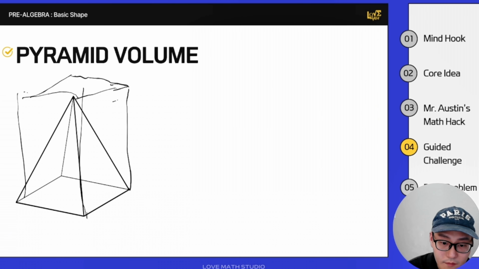Which means base area times height divided by 3 will give you the volume of this pyramid.